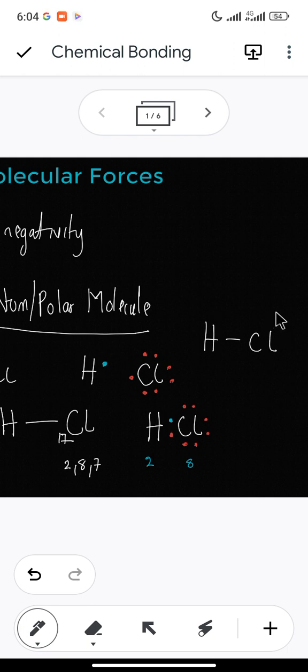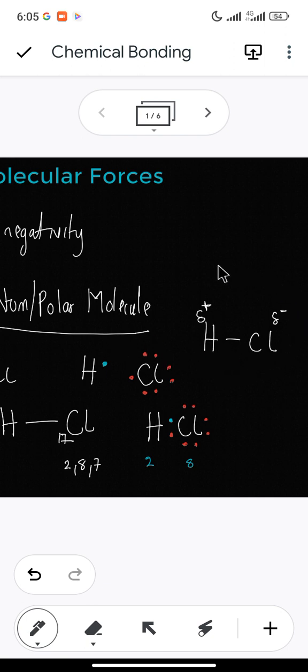So it's going to have a partially negative sign, and this is going to have a partially positive sign. Why it is partially negative is because it has pulled most of the electrons to itself, so it's electron rich. The side that is electron deficient will have a partially positive sign.